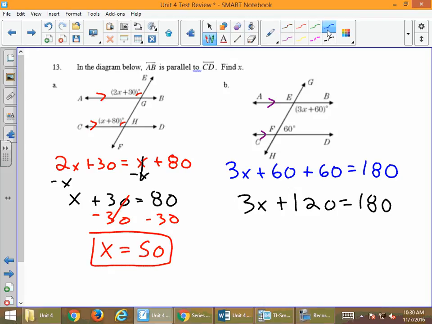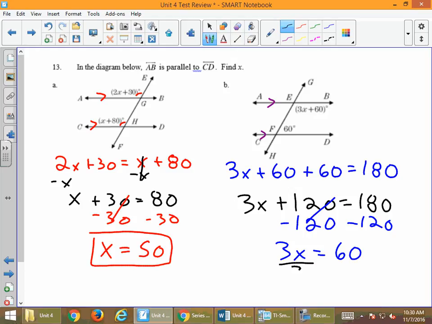Now we've got it again. You guys know what to do at this point, right? What do we do? Colby, thanks. Subtract 120 from both sides. 3x is equal to 180 minus 120. Shay, thanks for raising your hand. 60 is correct.